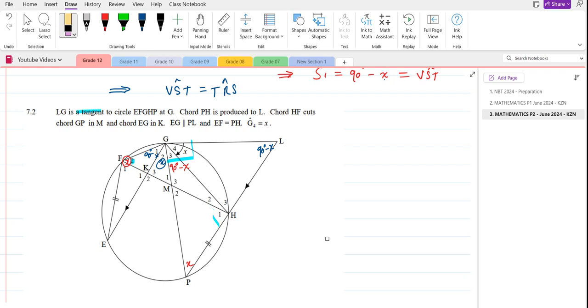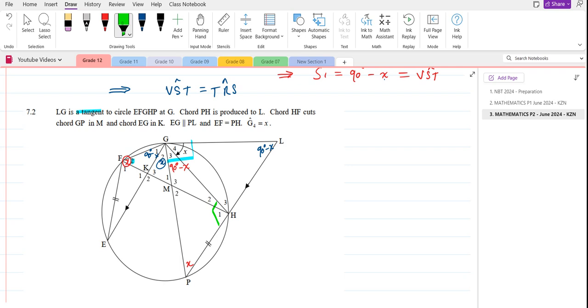Take this out. Did they say M is the center? No, M wasn't the center. If this is 90, wait a minute. So if this is x, that's 90 minus x, x, 90 minus x, then h1, h2 will become 90. Then this here becomes the diameter.